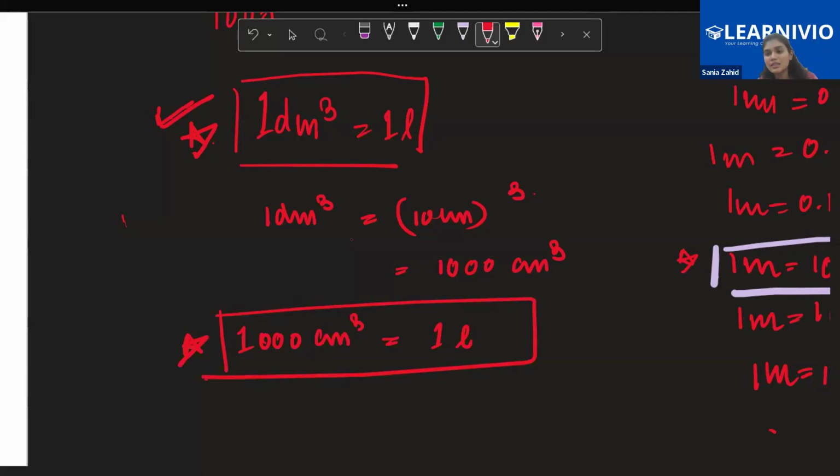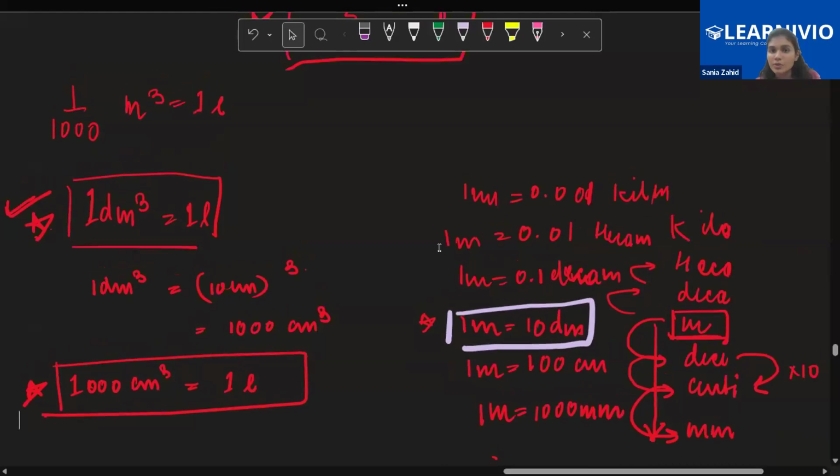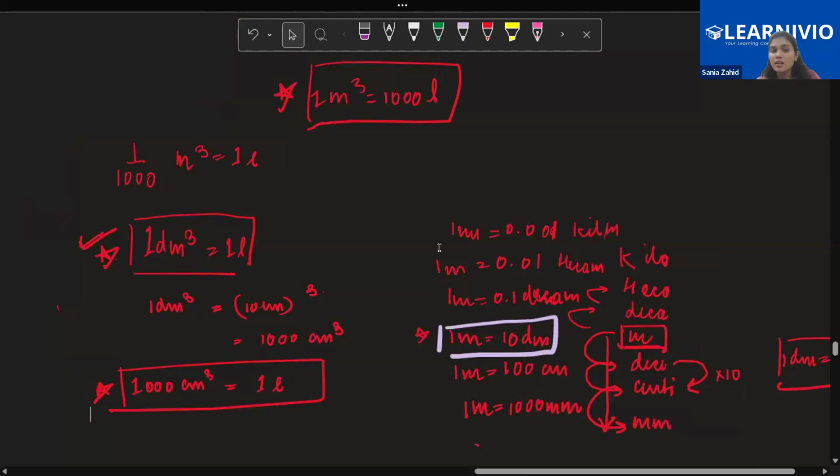So these are the 3 different conversions that will be useful. Okay. But what I tell you is that learn only decimeter cube. 1 decimeter cube is equal to 1 liter. Why am I telling you this? Because meter cube and centimeter cube can be calculated from this formula only. If you want, you can learn all 3.